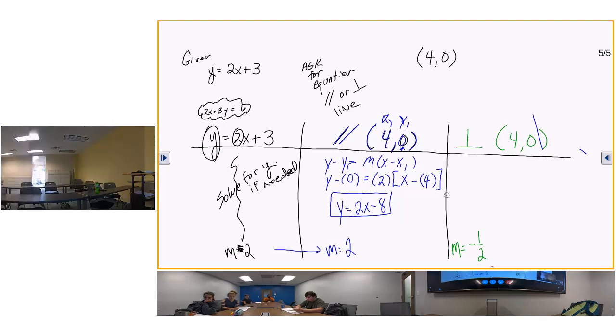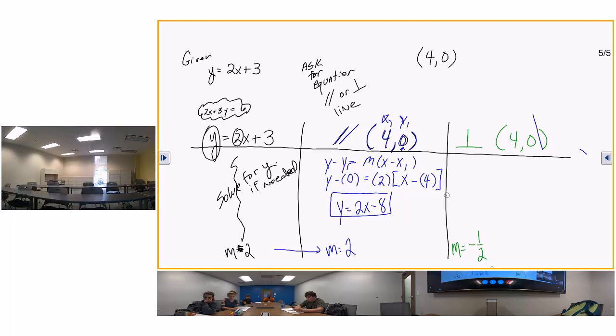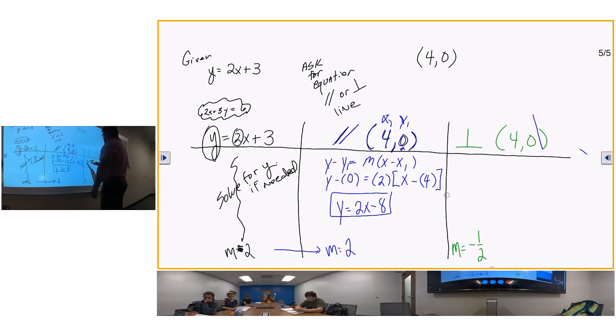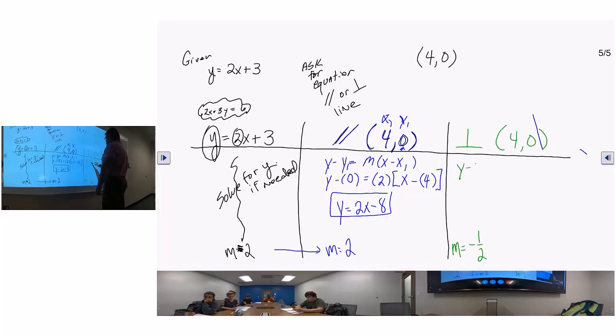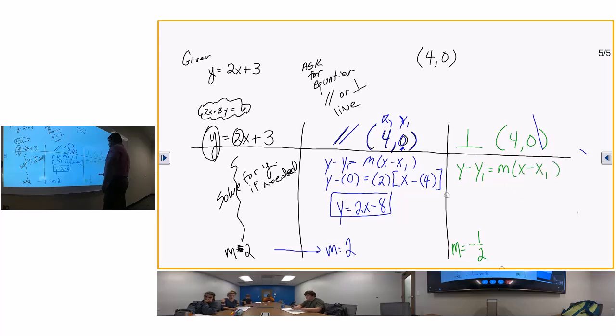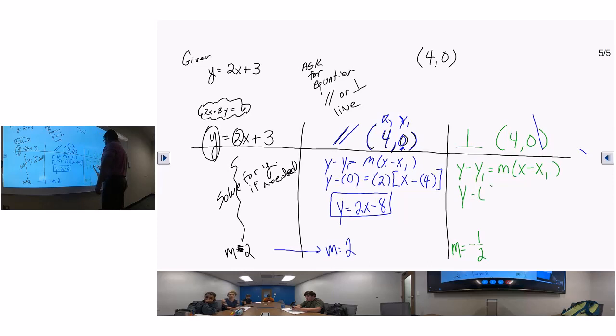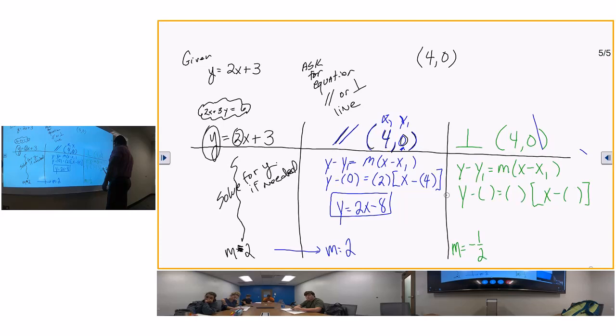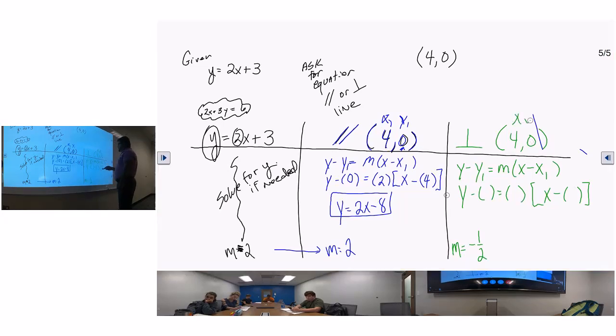So, what do we have now? We've got a point and a slope. Now we're going to do the perpendicular. Y minus y sub 1 is equal to M times x minus x sub 1. Y minus parentheses is equal to parentheses times x minus parentheses. And y sub 1 is what? 0. -1/2.